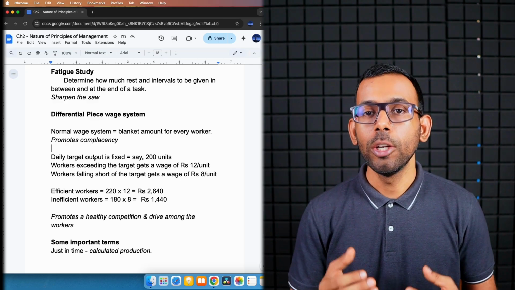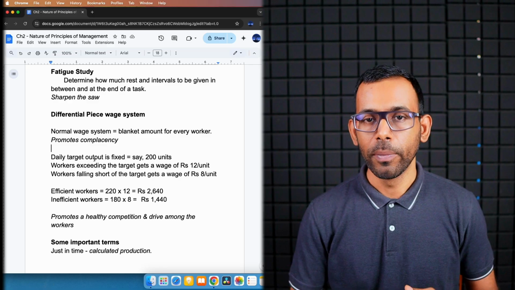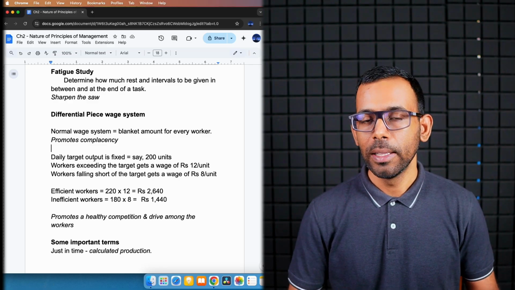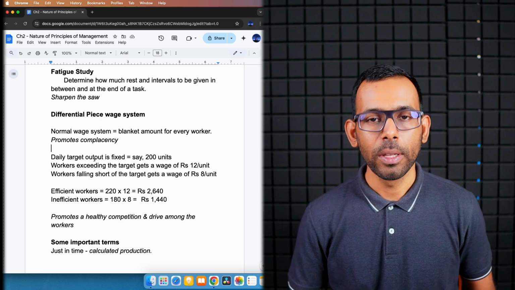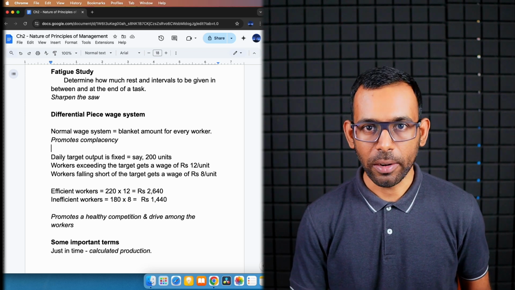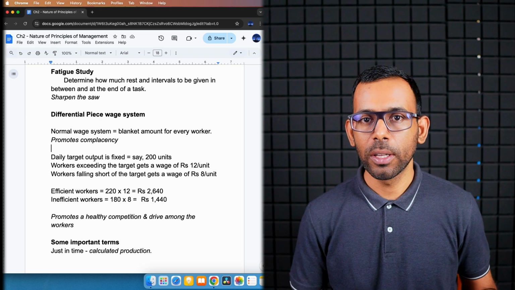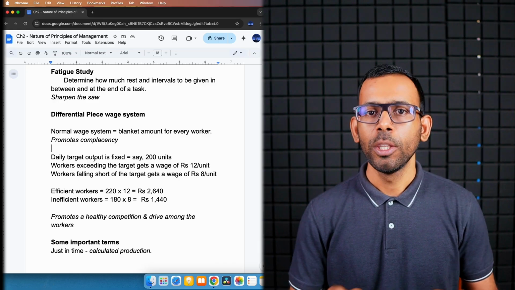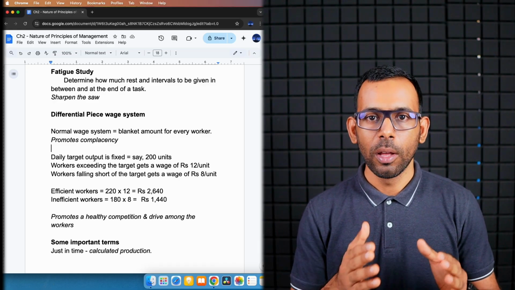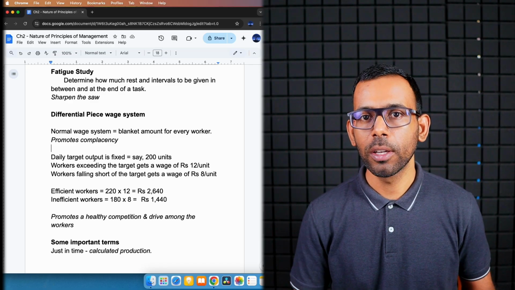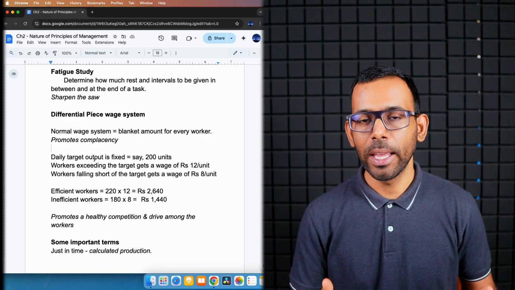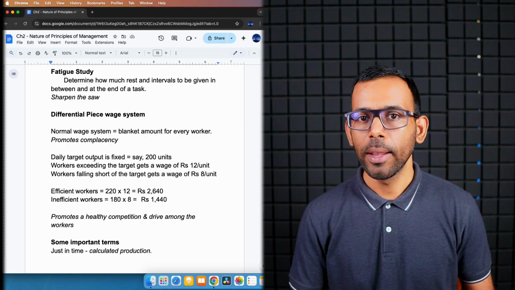Under the normal piece wage system, workers are rewarded the same amount of money irrespective of their output. Let's say you are running a factory and there are 100 workers inside that factory. You will fix a constant rate for all the workers for working, say, a shift of 7 hours or 8 hours.